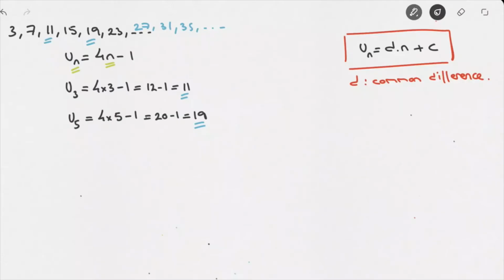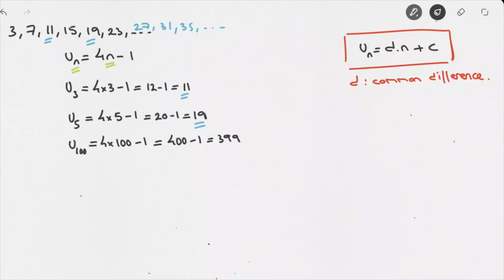So let's see. Let's say we wanted to calculate the 100th term. All we would have to do is replace n by 100 and calculate. So we would write u100 is equal to 4 times 100 minus 1, which equals 400 minus 1, which is equal to 399. Now let's look at another example.